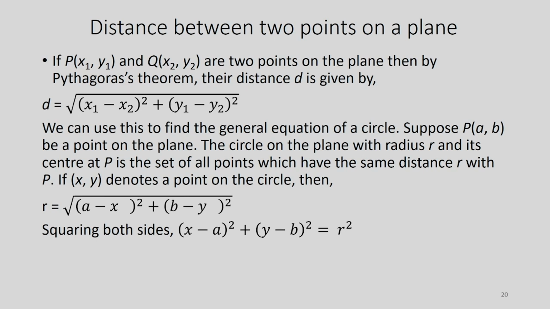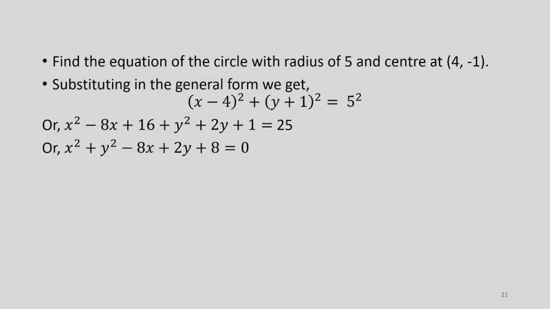And therefore, from this we get the equation of a circle, and this is given by r square, where r is the radius of this circle, is equal to x minus a whole square plus y minus b whole square, and a b is the center of this circle. So, there we left in the last lecture.